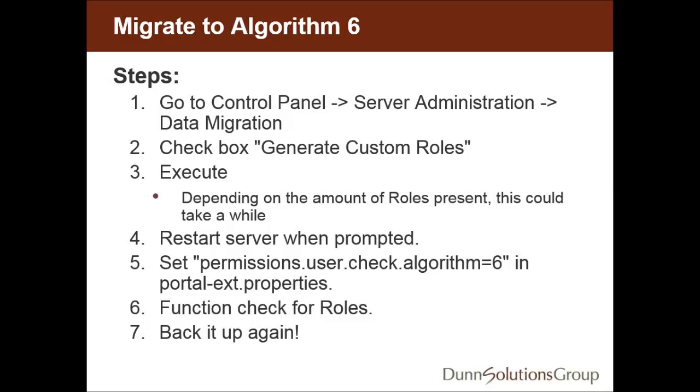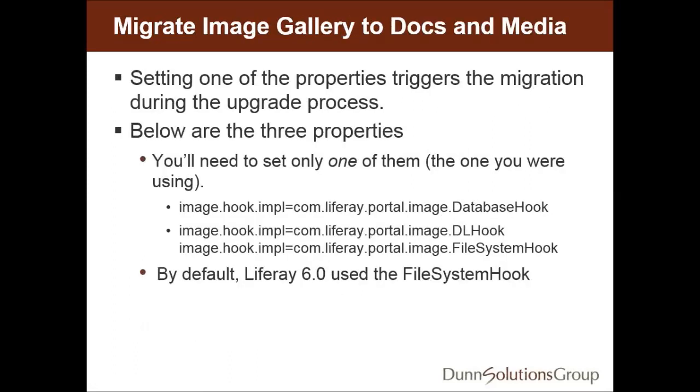When you're prompted, you want to restart your server, and in portal-ext.properties, you want to make sure that the permissions user check algorithm property is set to 6, and verify that your roles and your permissions are functioning properly as before. Then you want to back up your database once more, so that in case the upgrade process fails, you don't have to start all over again.